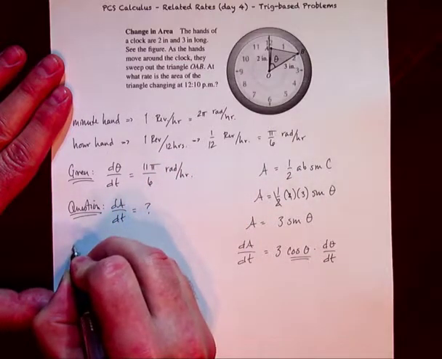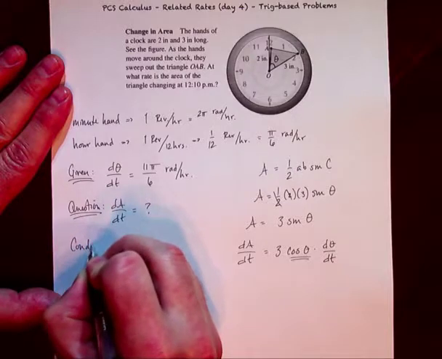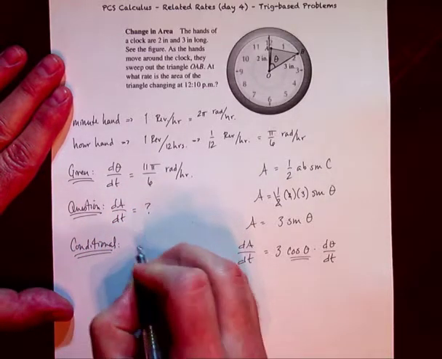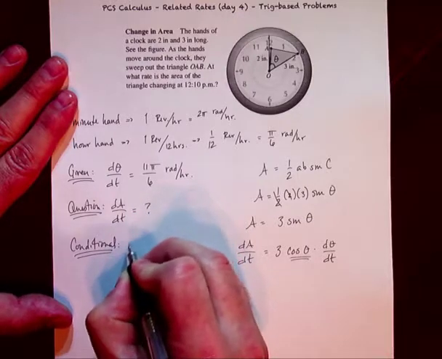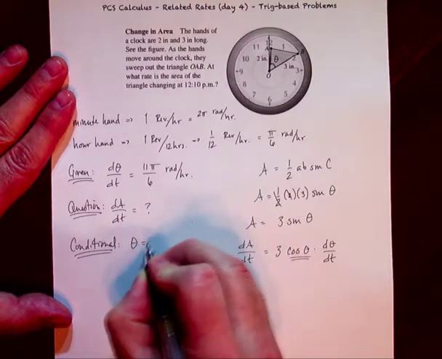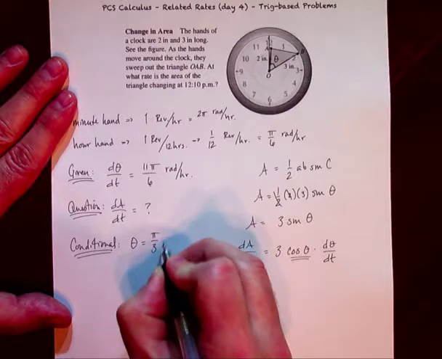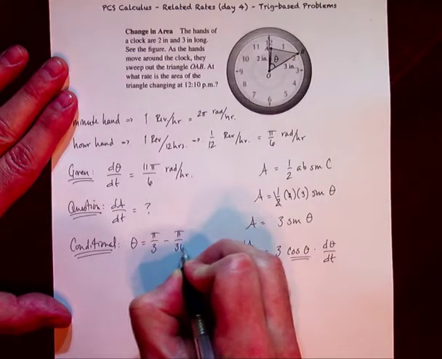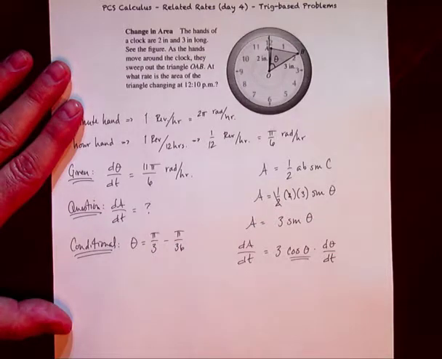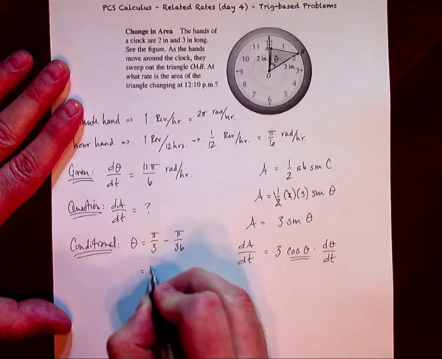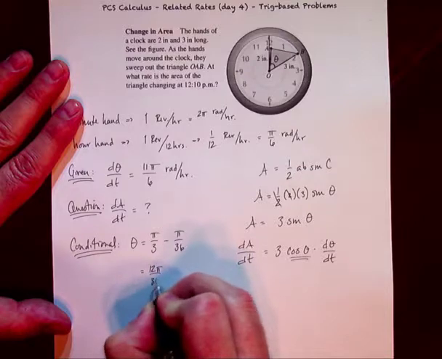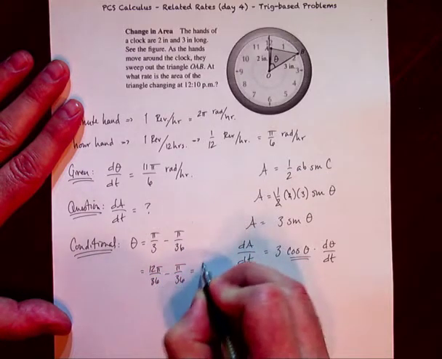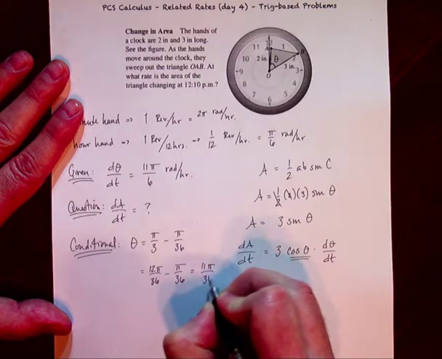But another one of our conditions, our conditional information, is implied by the time. The time is 12:10, and our theta is going to be pi over 3 minus pi over 36. So that's 12 pi over 36 minus pi over 36, or 11 pi over 36.